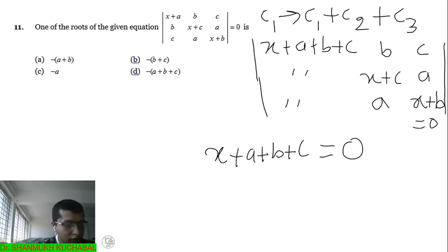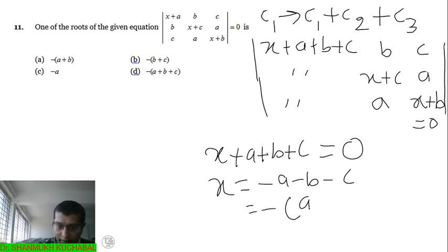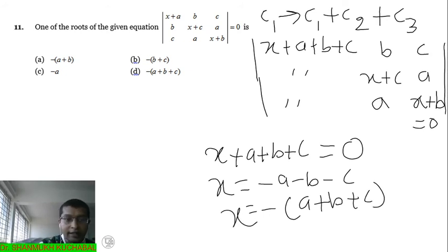Then I write the solution for x here. x equals, transposing to the RHS side, it is minus a minus b minus c, or else we can write minus common, a plus b plus c. Therefore option D is the right answer. Like this we have to choose the correct option for a given example, right?